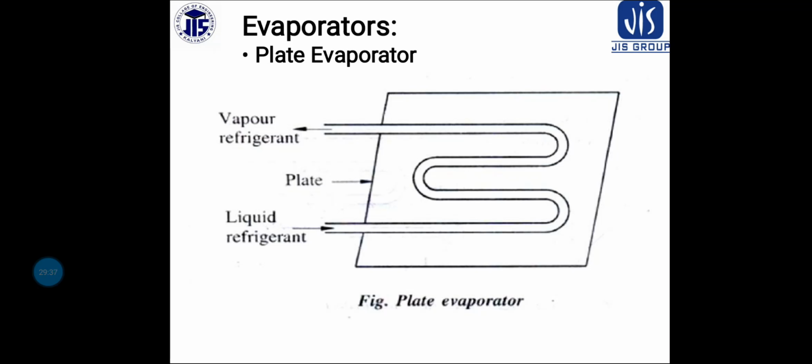Such evaporators are used in domestic refrigerators or the frozen food industry. The liquid refrigerant is entering and vapor refrigerant is coming out towards the compressor. So this is the plate. Okay, so this is all about the plate surface evaporator.